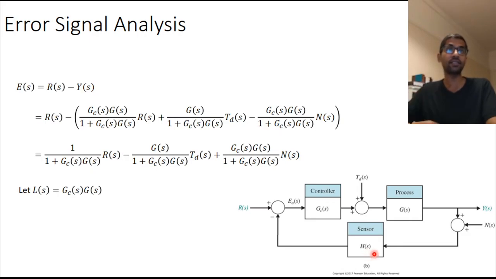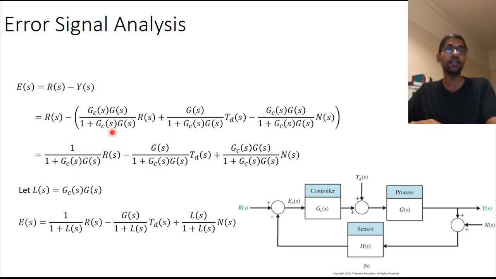But in this case, we are just assuming H(s) to be 1. We assume that the gain of the sensor is 1. And that's why you can see that in this transfer function, H(s) is not appearing. So if you assume L(s) to be G_c times G, then you can write this error in this form.